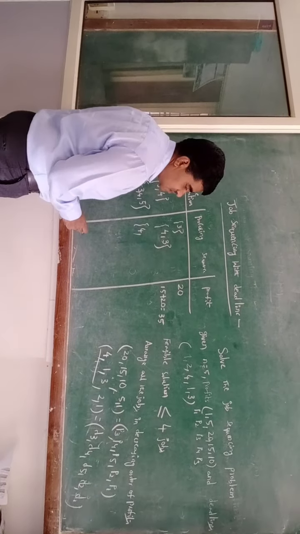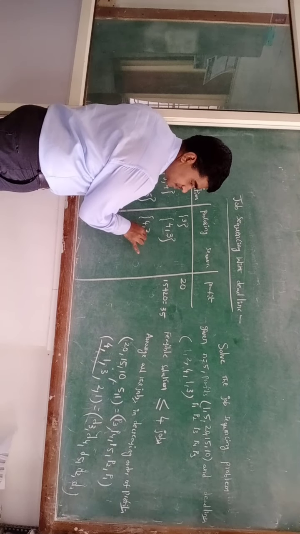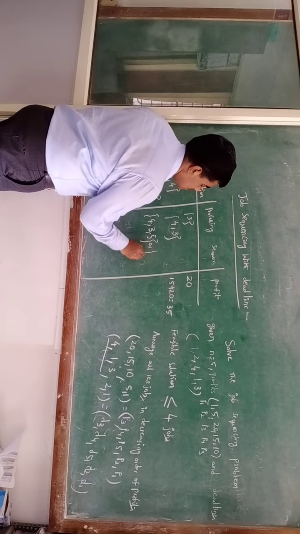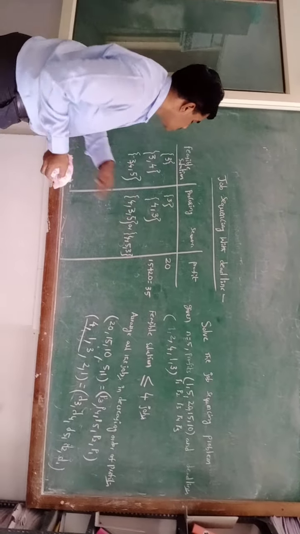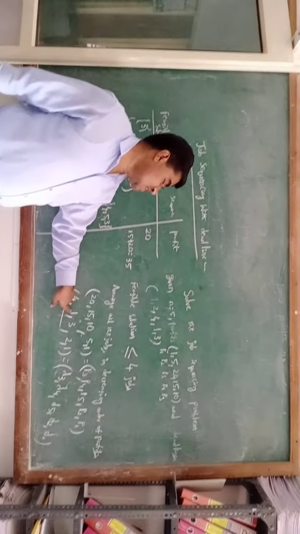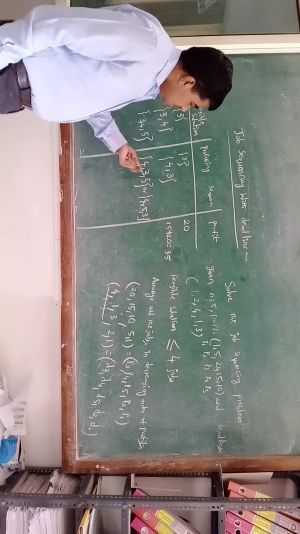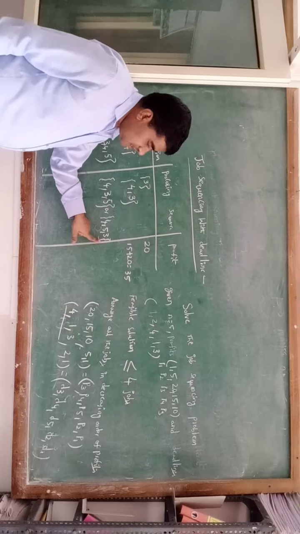So the processing sequence is 4, 3, 5 or 4, 5, 3 also. The fourth job we must execute first only, because it has a deadline of only 1 unit. Second, why am I writing 3-5 or 5-3?